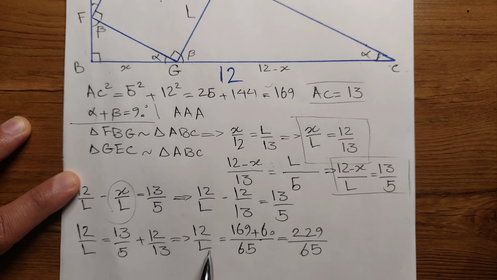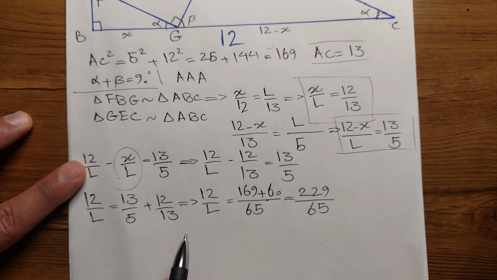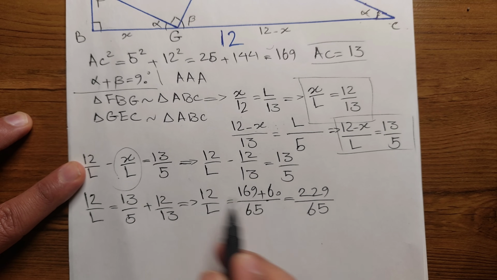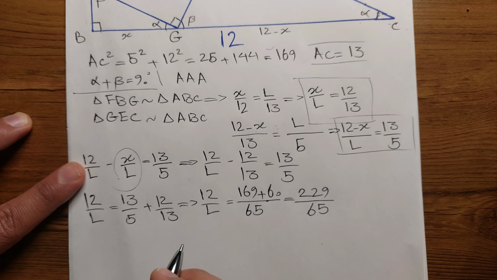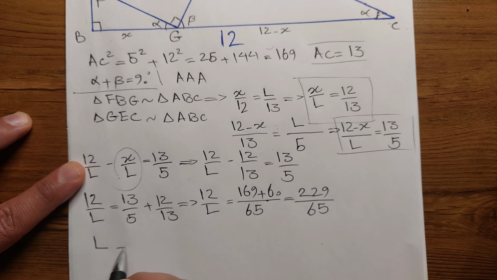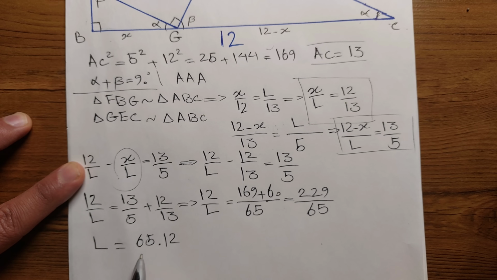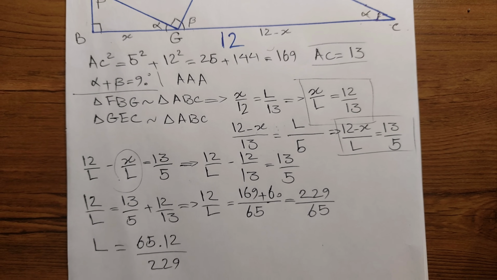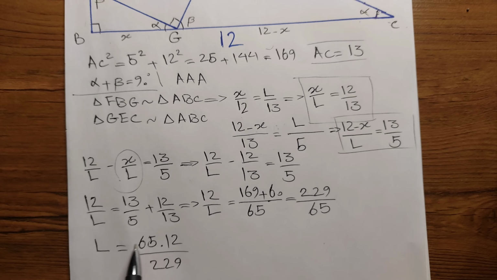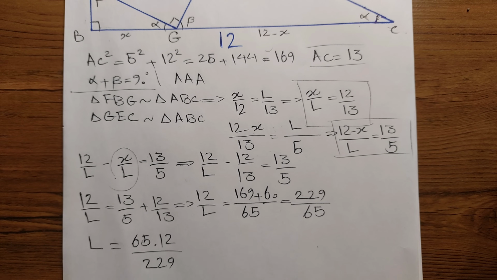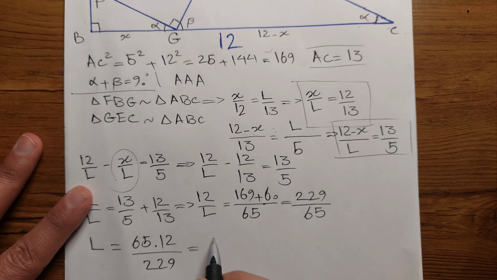From this part, we can solve for L directly. So L equals 65 times 12 over 229. So 10 times 65 is 650, and then 130, so that's 780 over 229.